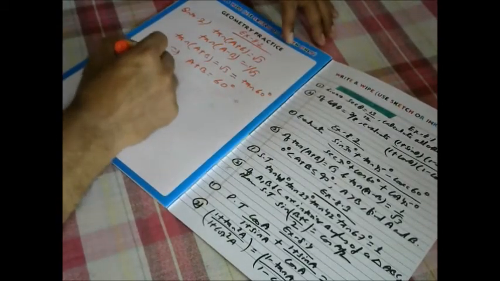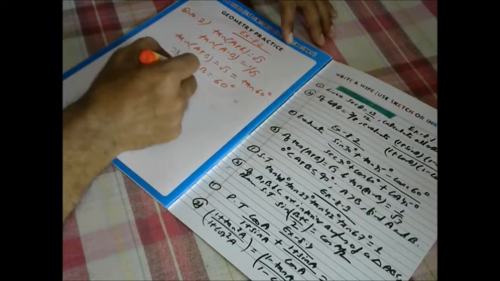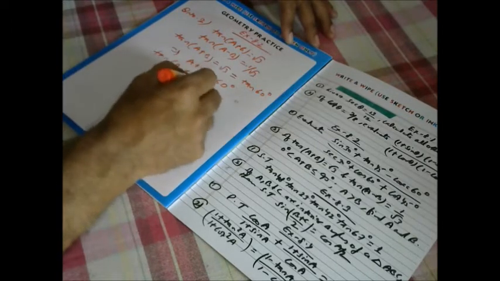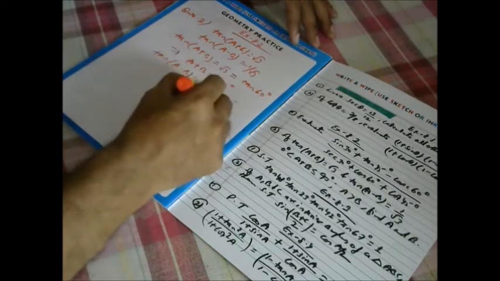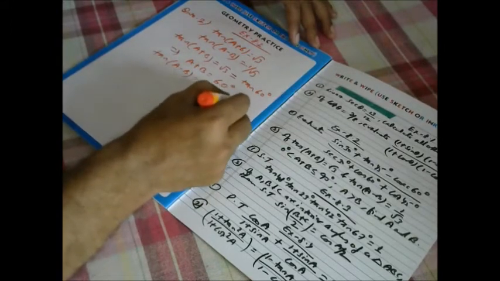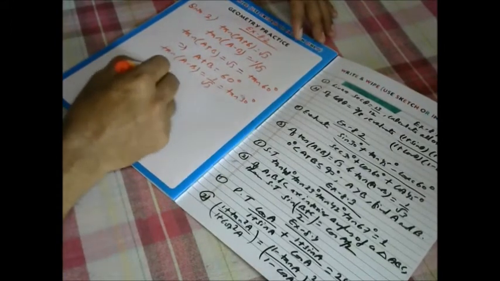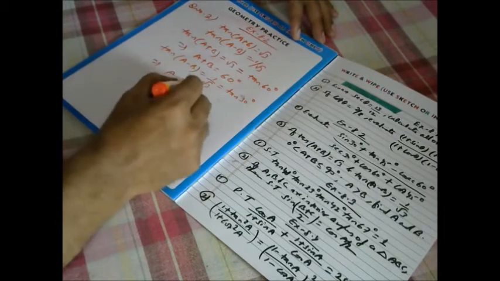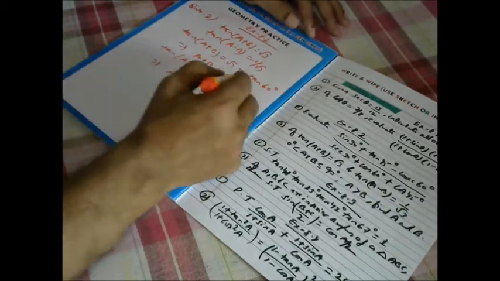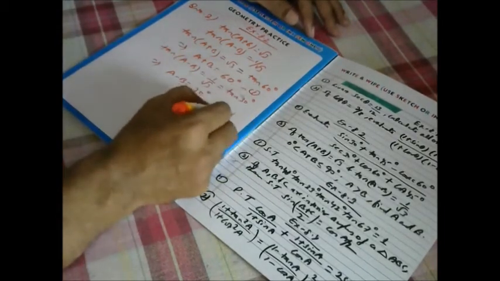Right. Similarly, tan of a minus b is equal to 1 by root 3 is given, and 1 by root 3 came when tan 30 degree. So this means a minus b is equal to 30 degree. So this is equation 1 and this is equation 2.